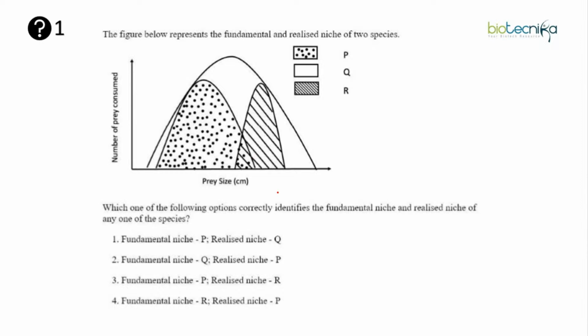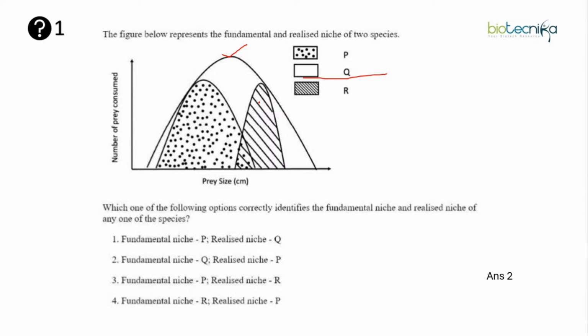Okay. So the correct answer here is option 2. This Q is actually the fundamental niche for both the species. Now, because for both the species Q is the fundamental niche, that means they are sharing the same niche, so therefore there will be a lot of competition, right? To avoid that competition, the species will squeeze themselves.